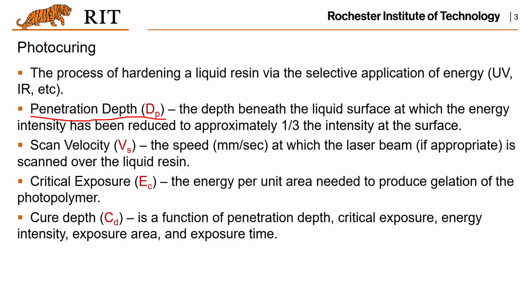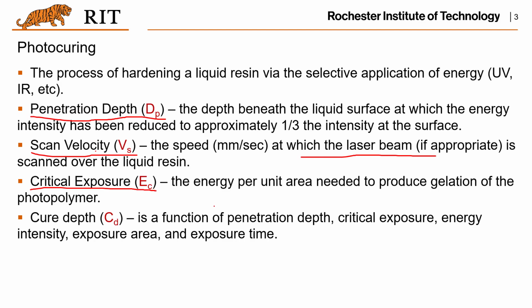Also, another important parameter is the scan velocity. It's very simple, just like what we have in the fused deposition modeling. It represents how fast you move the laser beam to scan over the liquid resin. Another parameter is the critical exposure. Basically, it represents the energy per unit area needed to produce the gelation of the polymer, or the curing of the polymer.